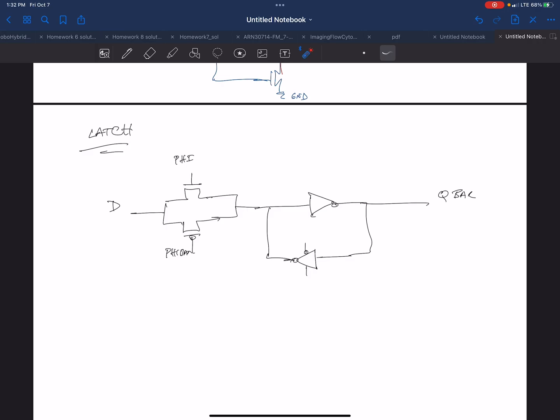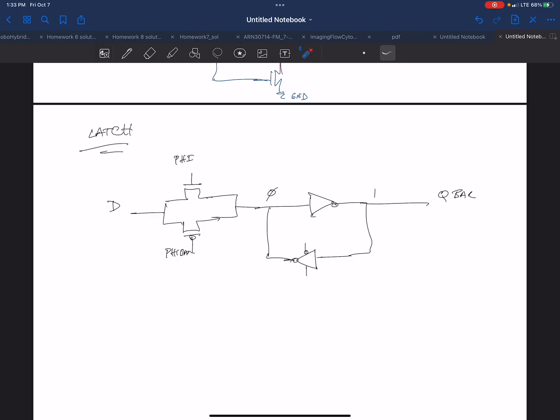When it's not transparent, when it's holding its value. If you have a 0 here, you have a 1 here from the inverter, and this inverter here will reinforce the 0. So you have this positive feedback loop that's retaining the latch value. As long as these 2 inverters have power supply going to them, they're both on, they're going to keep the value, okay? So that's in a storing state.